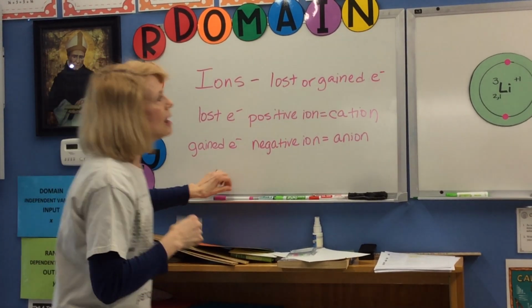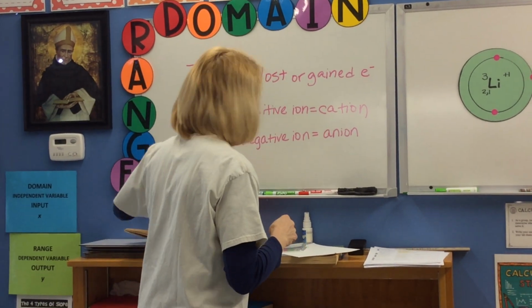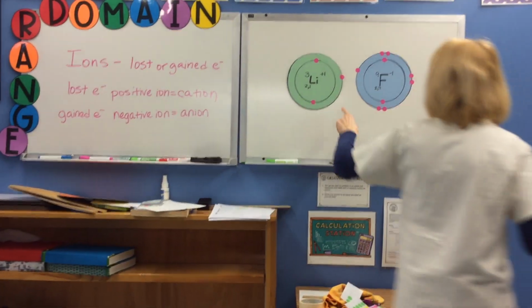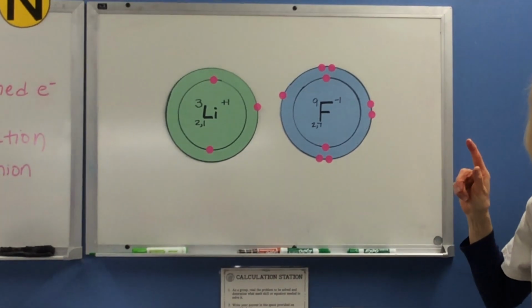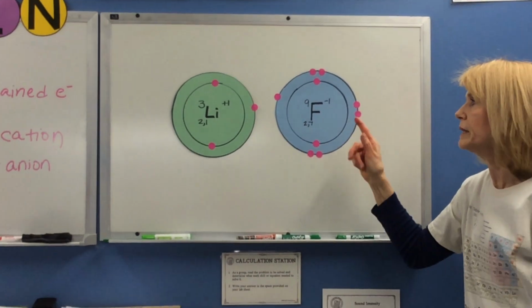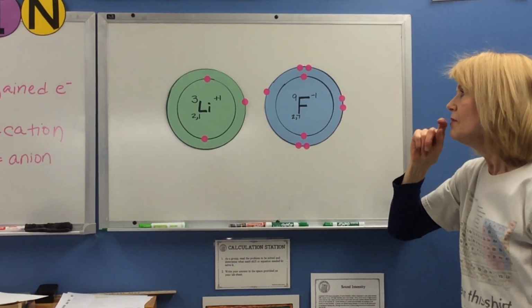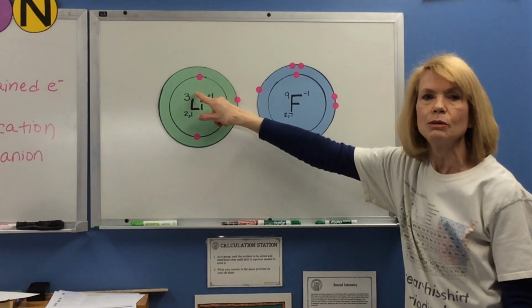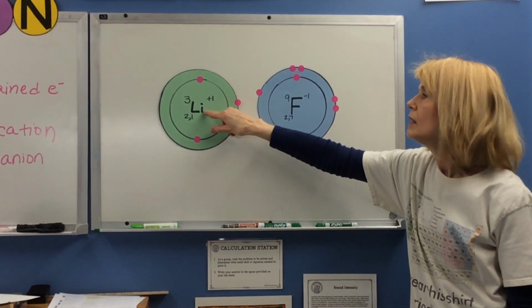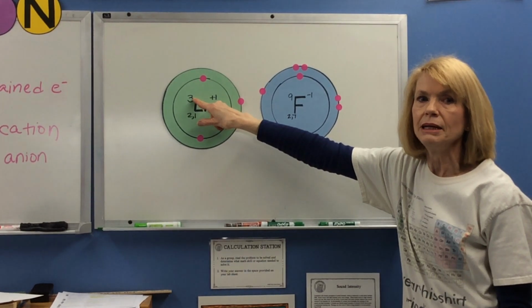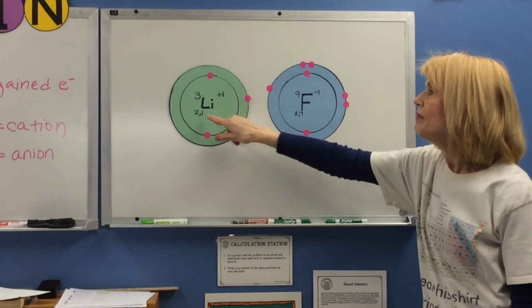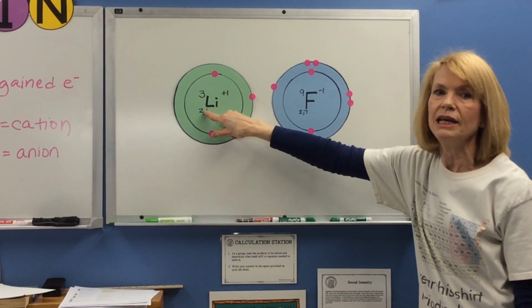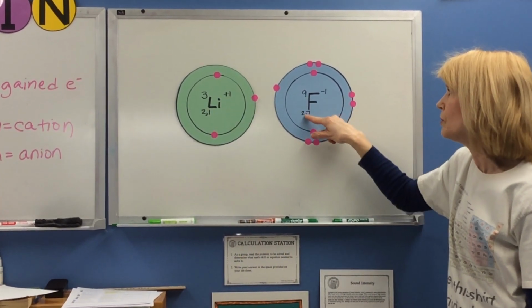So over here, I have two atoms, a lithium atom and a fluorine atom. I've got their atomic number in the upper left-hand corner, the way it is on your periodic table, and the electron configuration in the bottom left-hand corner.